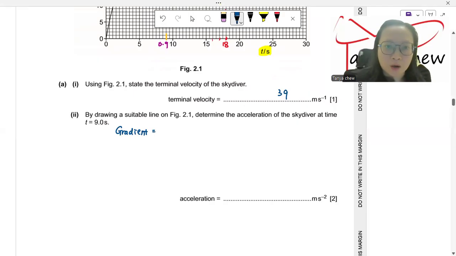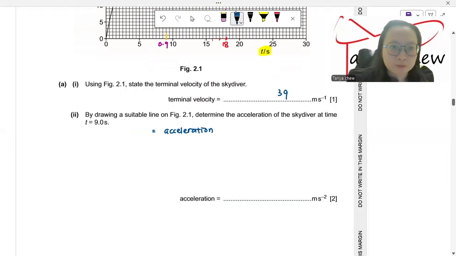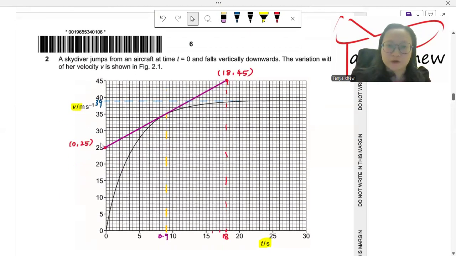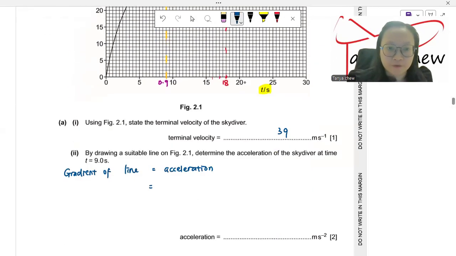Gradient of line is equal to acceleration. So now gradient is, okay, I get my two numbers here. I need to have the two coordinates, y2 minus y1, 45 minus 25, 45 minus 25 divided by 18 minus 0.